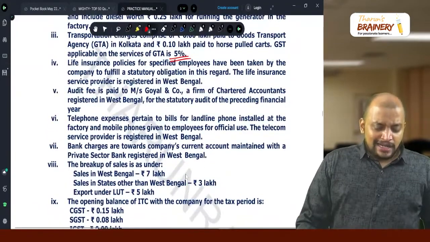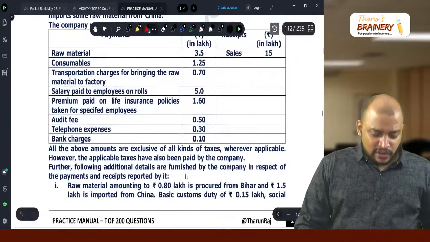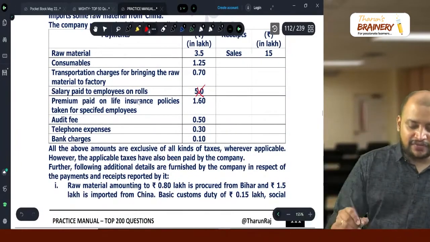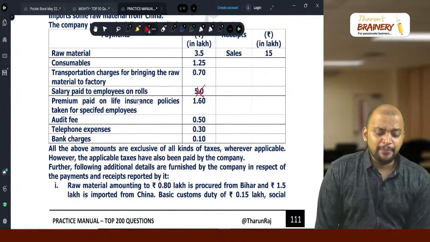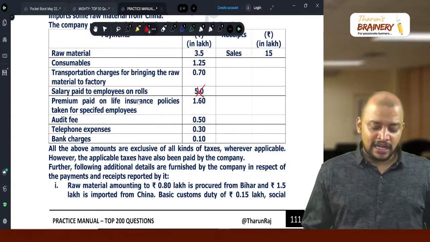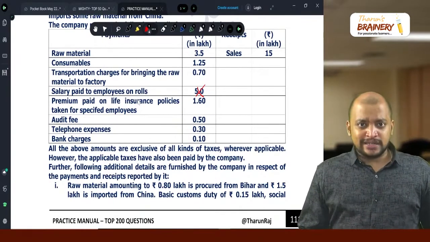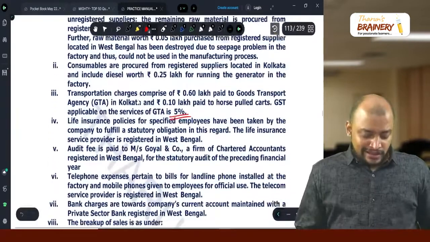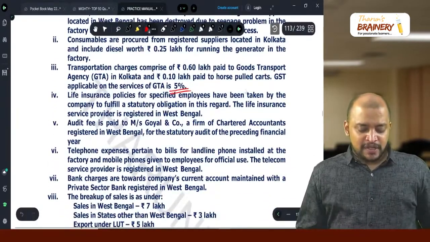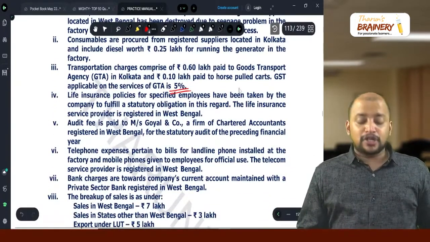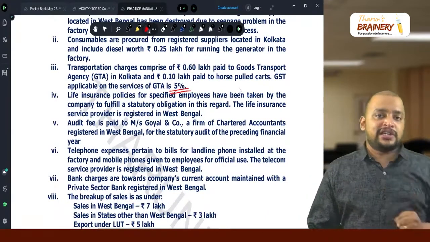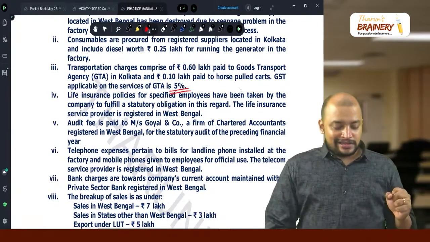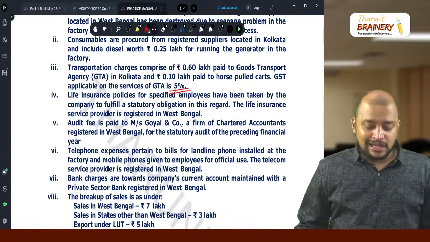Then next one, life insurance. The next one is salary paid to employees on roll. No GST on this. First of all, no GST paid. Premium paid on life insurance policy taken for specified employees. See this, life insurance policy for specified employees has been taken by the company to fulfill a statutory obligation. So yes, we can take ITC with respect to this.